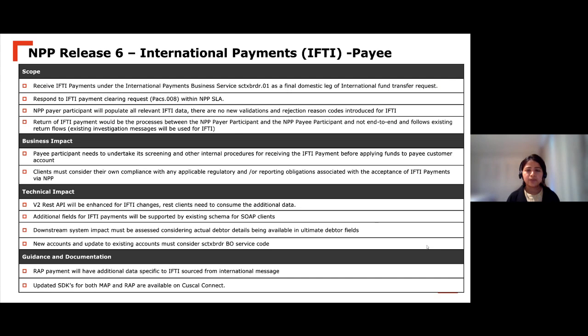Then from the STIP account side, all the new accounts or updates to existing accounts need to consider the new BO service code. So these are majorly the technical impacts which we see from the payee perspective.